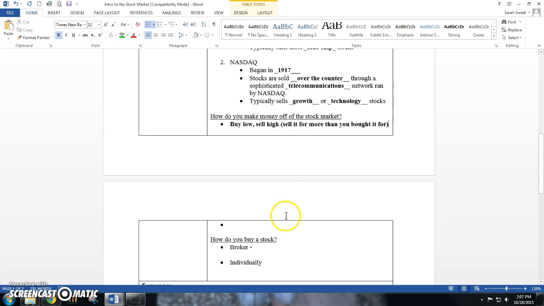Okay? That's going to be the first way that you can make money off of the stock market. The other way is that you can buy a stock that declares dividends. And that is just a small portion of the profits that the company has made, and they distribute those back to you.